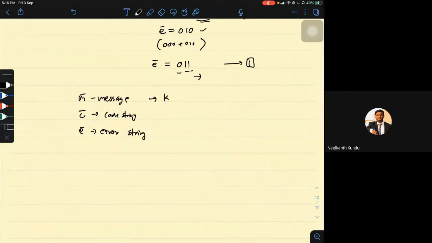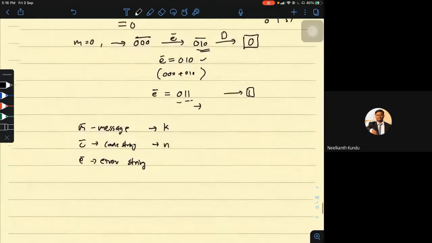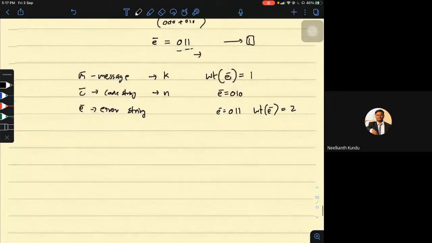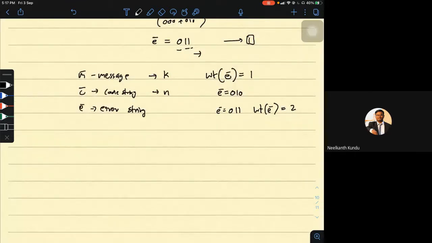The message is of length K, and the code string we usually denote by length D. We define the weight, or the Hamming weight, of a string, say E, as the number of ones in the string E. So if E was 0, 1, 0, the Hamming weight is basically 1. If it was 0, 1, 1, the weight will be 2.